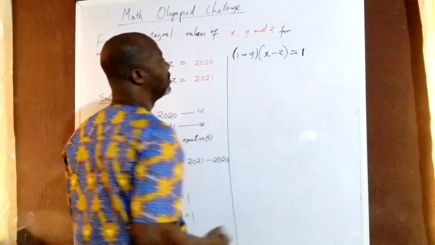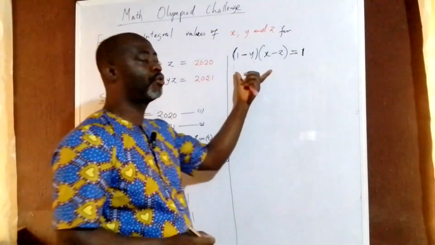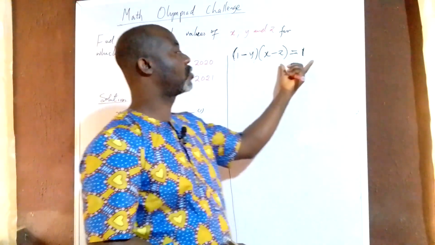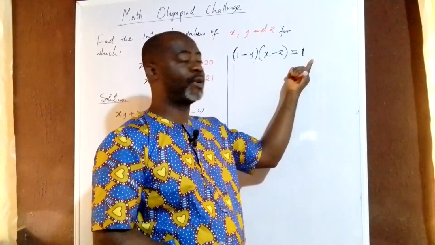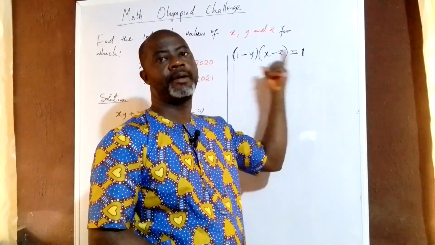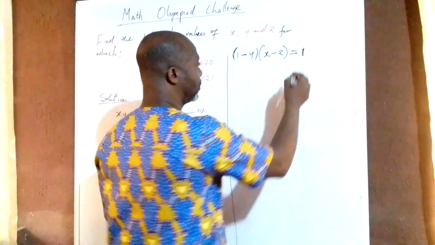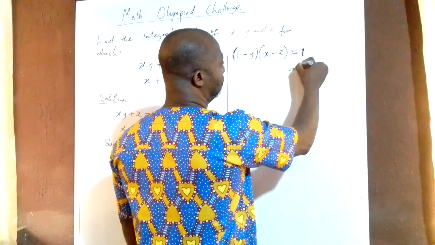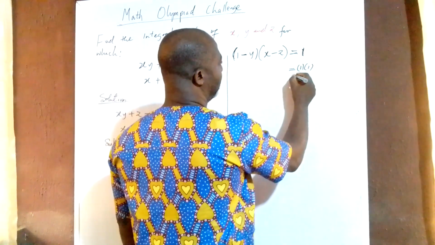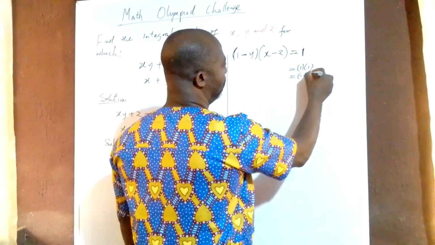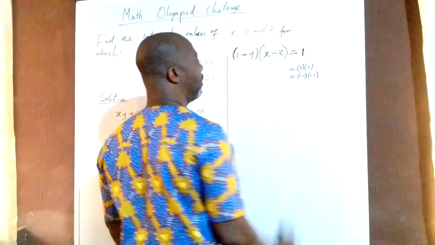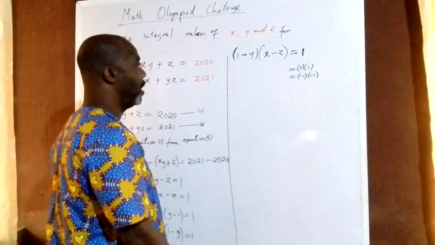Since on the left hand side we have a product, we can also express the right hand side as a product. We know that 1 can give us 1 times 1, and it can also give us minus 1 times minus 1. So we have two cases here.